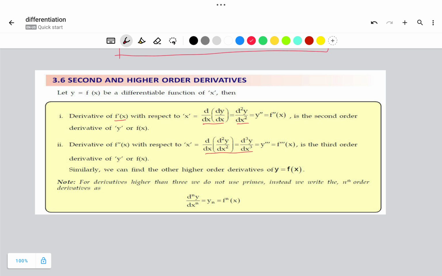This is the first order derivative, then again differentiating, it becomes the second order derivative, written as d square y by dx square, and here our function is f of x. So this is the general form for finding the nth order derivative.